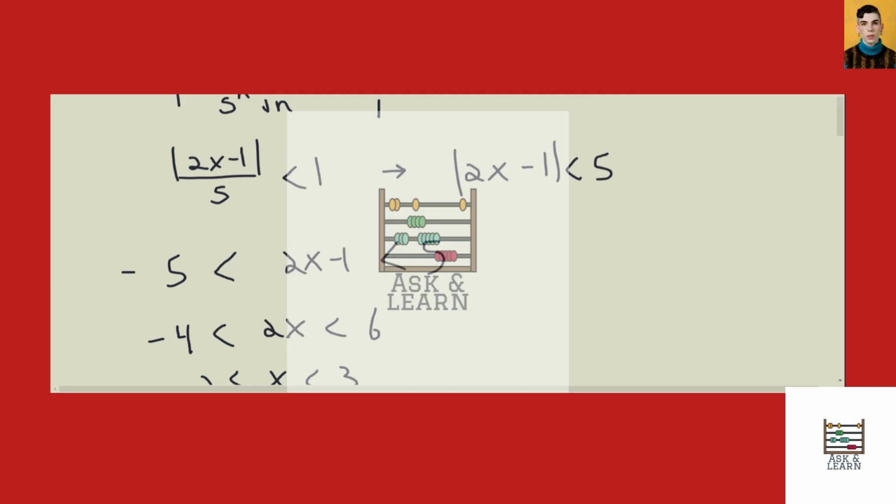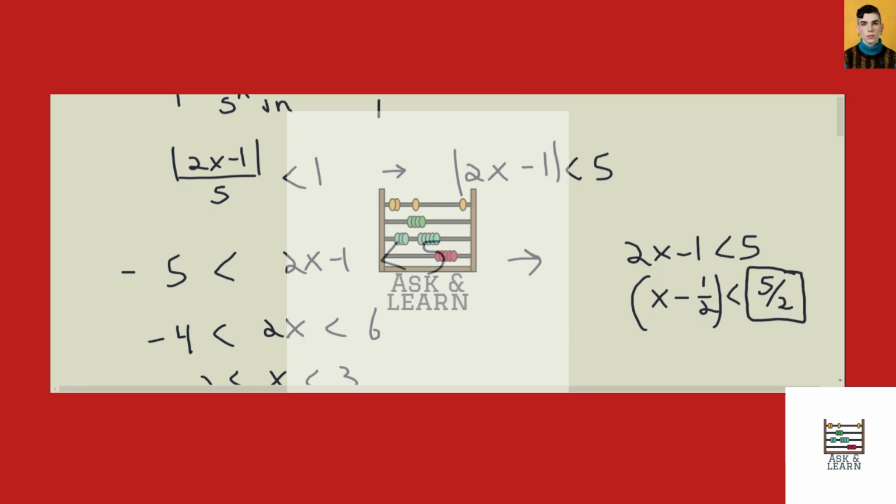We divide both sides by 2. If we just take this part here to determine the radius of convergence, you'd say absolute value of 2x minus 1 is less than 5, so x minus half is less than 5 halves. This is our standard form here, x minus a center, and then whatever it is less than is what we write as our radius of convergence. Okay, and we would say 5 over 2 is our radius of convergence.